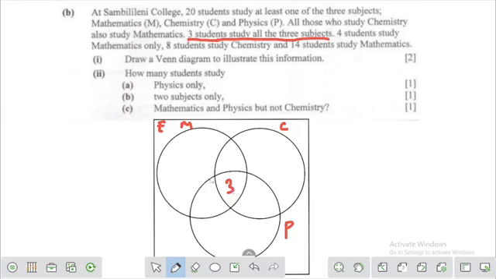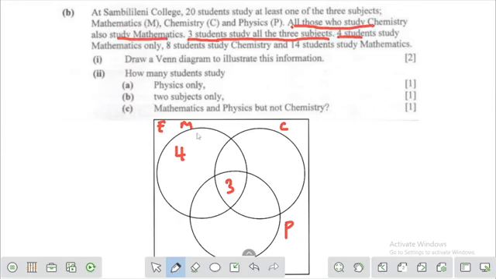So you put it here. Then maths only. 4 students study maths only, so here you put a 4. I hope you are following there. Then there is another piece of information where they said all those who study chemistry, they also study what?